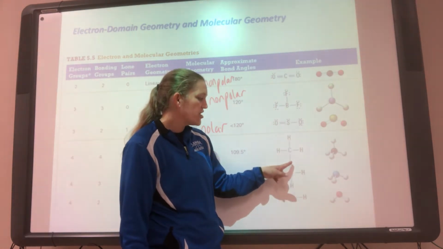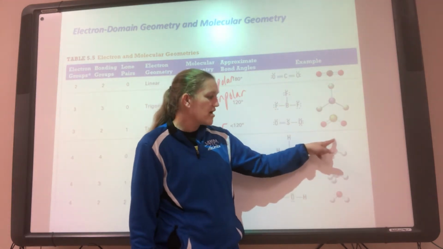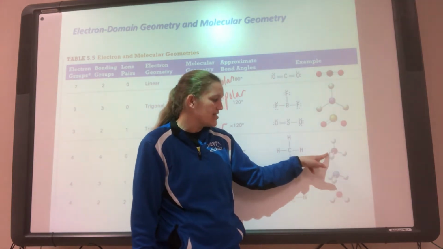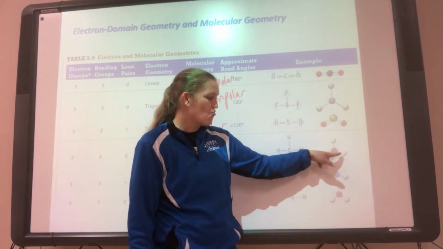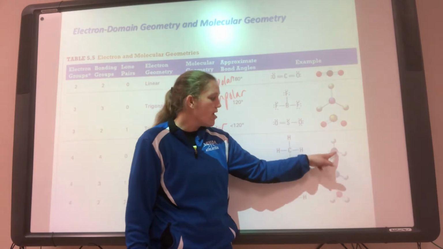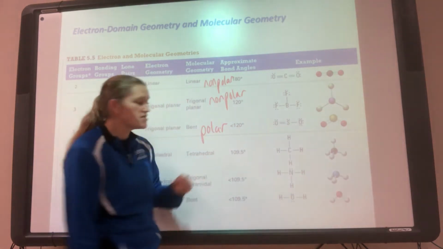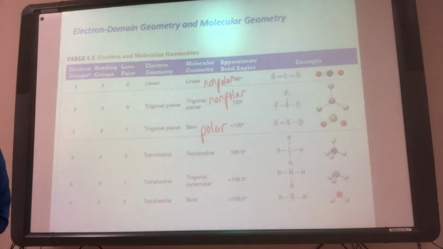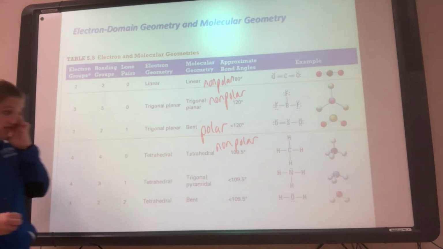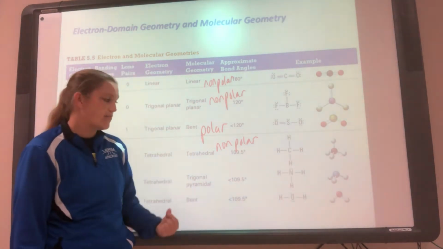Because this hydrogen and this hydrogen kind of cancel, and this one and this kind of cancel. So this hydrogen is canceled by these three, and it takes three of them because they're at angles. So what happens is, when they all pull, this carbon does not move. So if he doesn't move, that means that they're all going to be non-polar. Okay? And it's non-polar assuming all of these are the same element.